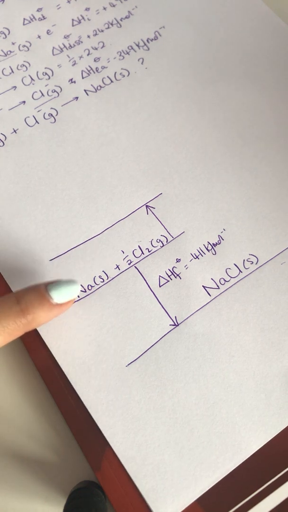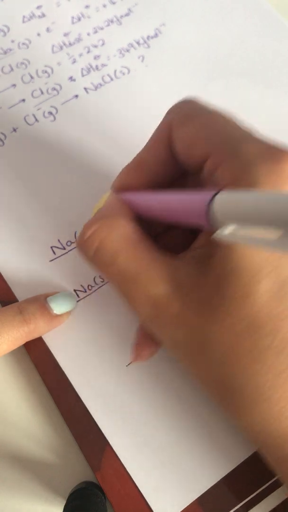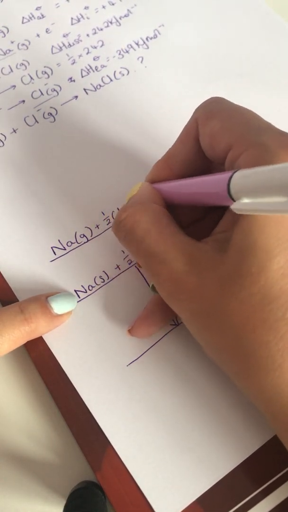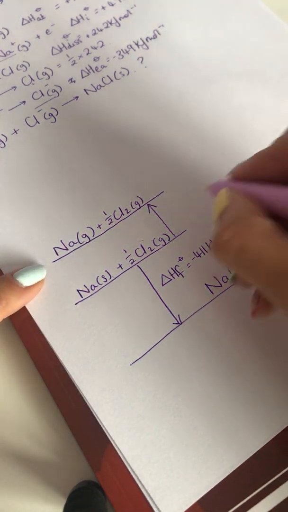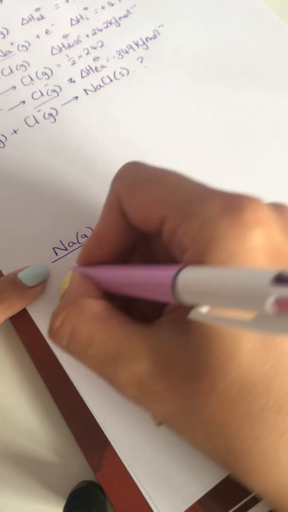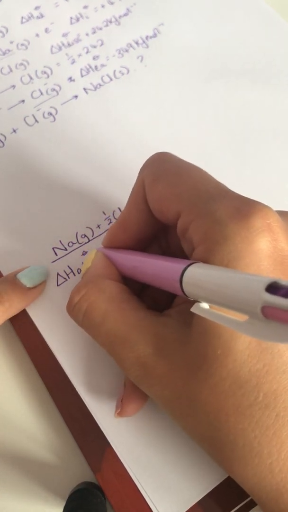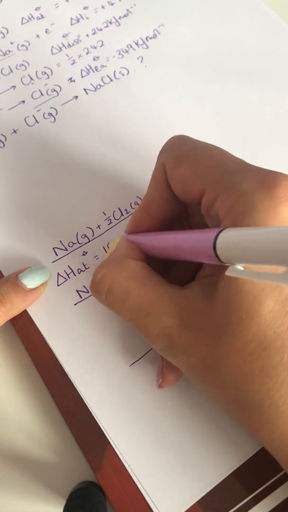So I'm now going to go from solid sodium to gaseous sodium, and I've still got my half Cl2 as a gas. This step was the enthalpy of atomization. I'm just going to pop that there, and it had a value of 107.